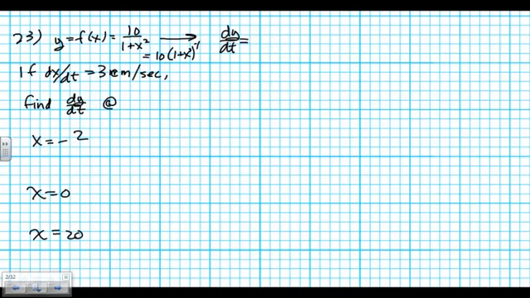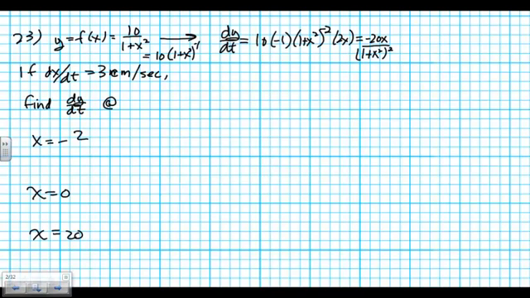We've got a constant 10. We drop down the power. We leave the inside the same. We reduce the power by 1, and then we multiply by the chain rule. And we end up with negative 20x over (1 plus x squared) squared.